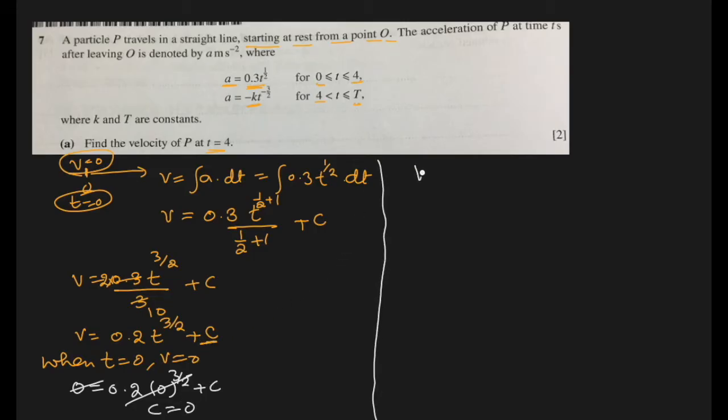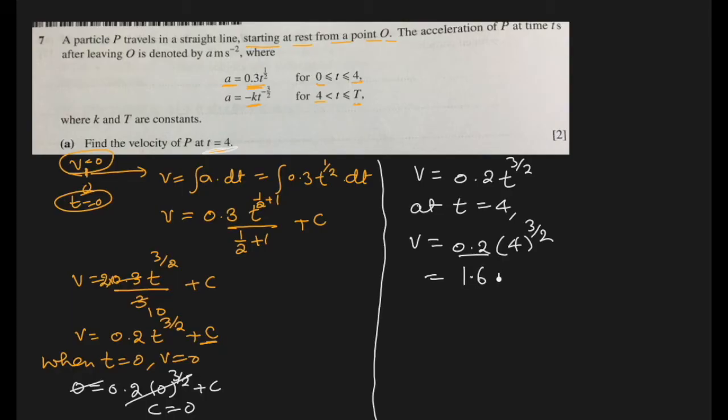Our equation remains V equal to 0.2 t to the power 3 over 2. And now they are asking what is this velocity at t equal to 4? At t equal to 4, V equal to 0.2 times 4 to the power 3 over 2, which is 0.2 times 8, 1.6 meters per second. That is the velocity at t equal to 4.